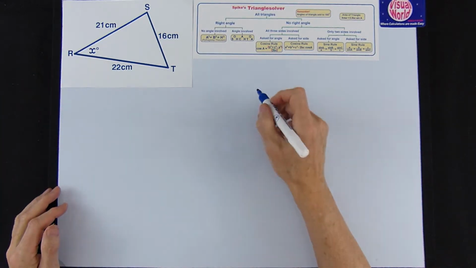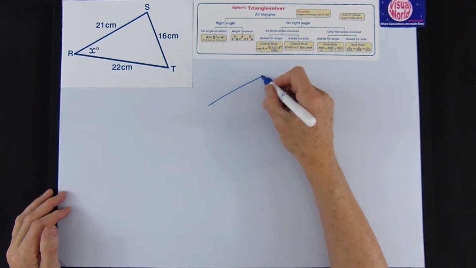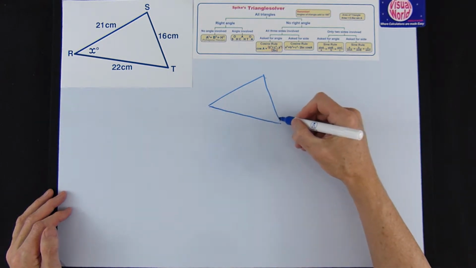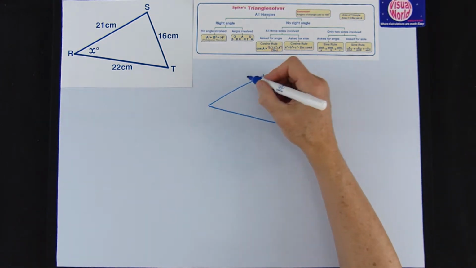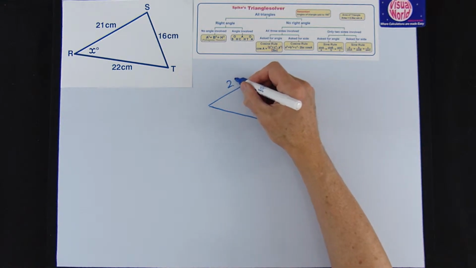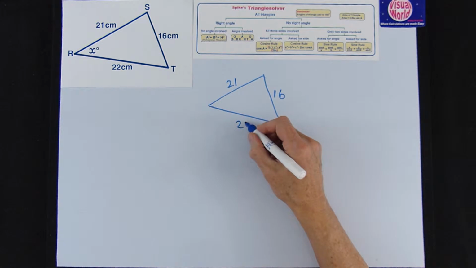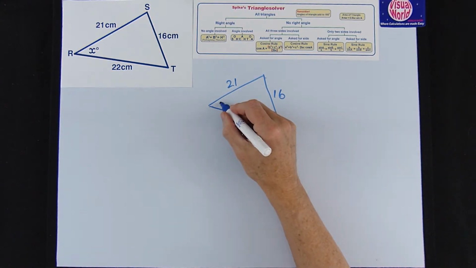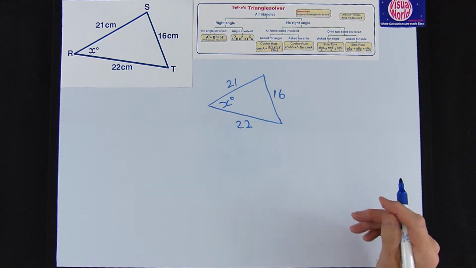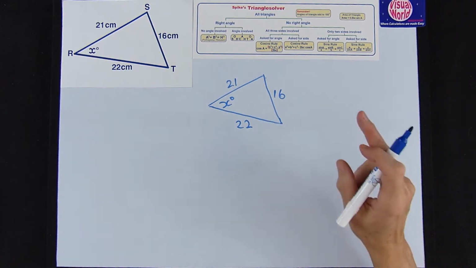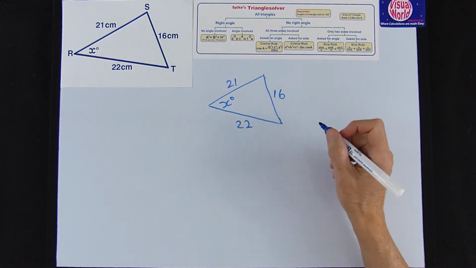So as usual, we draw a version of the triangle and do not mark the units in, just 21, 16, 22 and your x. Now it's not a right angle, so there's no hypotenuse, opposites and adjacents, so it's a different method of naming.